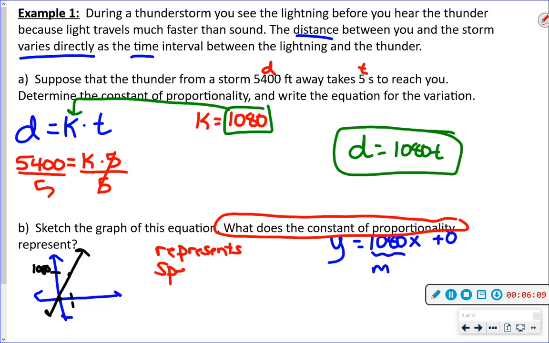Because it's tying together your distance with your time. How long does it take to hear the thunder, see the lightning? So it's tying together the distance and the time, so your speed of sound, basically. I care more about that than the graph.